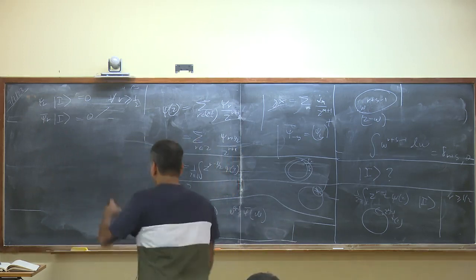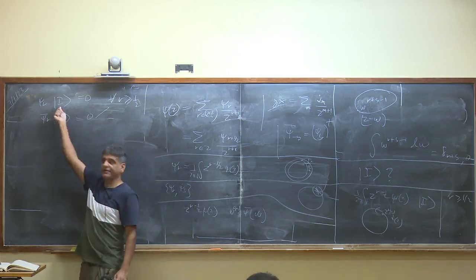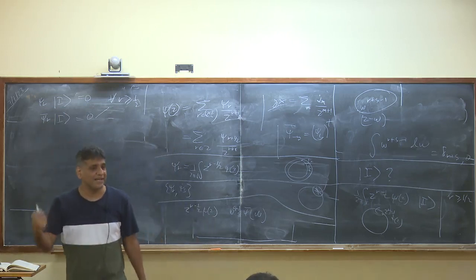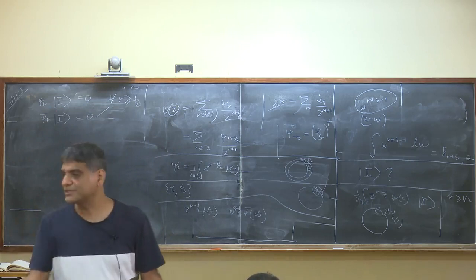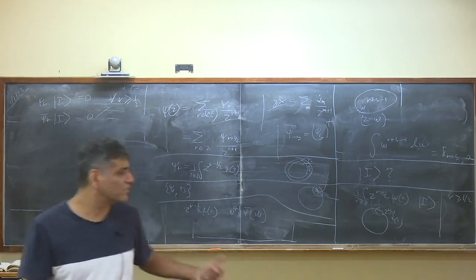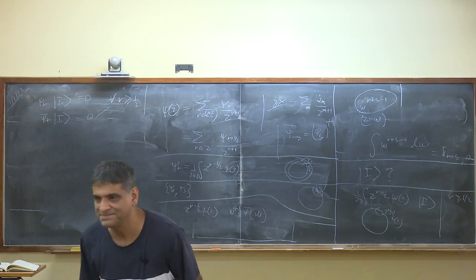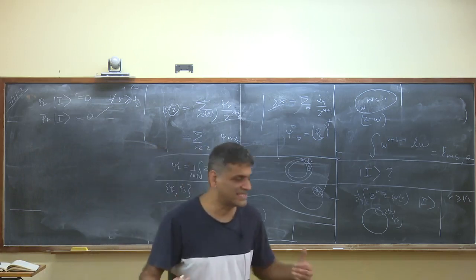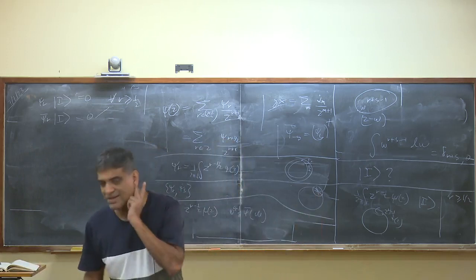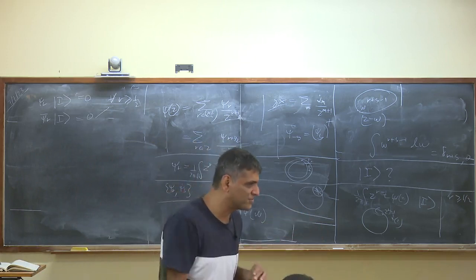And what we've concluded here is that the identity state is the state that is annihilated by all annihilation operators, and so is what we normally associate with the vacuum. It's the lowest energy state in the problem. We'll talk about energies in a moment when we talk about the stress tensor.